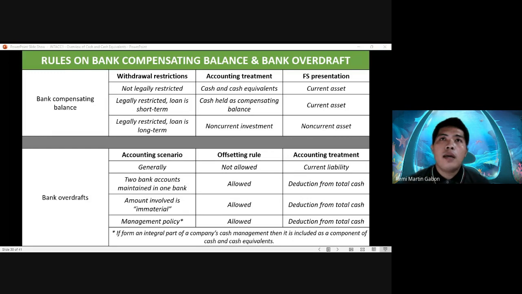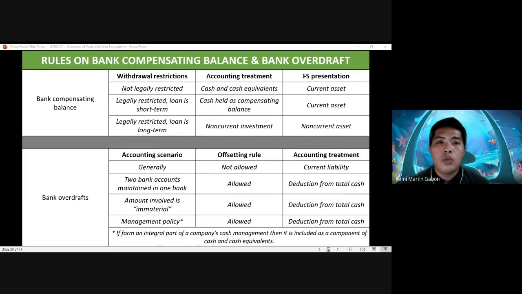Depending on the cash management and depending also on the bank agreement, okay, it is allowed to offset both accounts in a net positive balance. So therefore, it is allowed to deduct such overdraft from the total cash. So in the FS, sabihin na lang natin, Unity Bank checking account number 1 is 1 million.